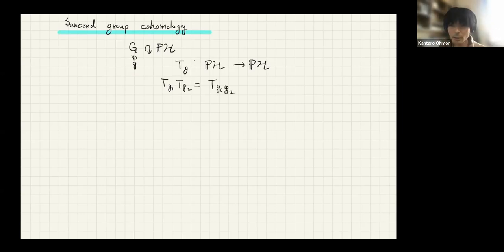Then by Wigner's theorem, there's a corresponding U(G) acting on H to H. This is unitary.